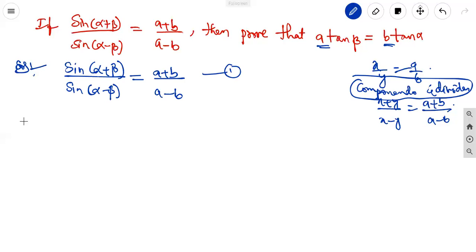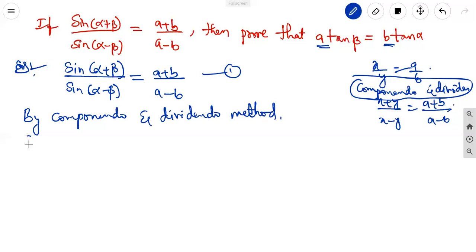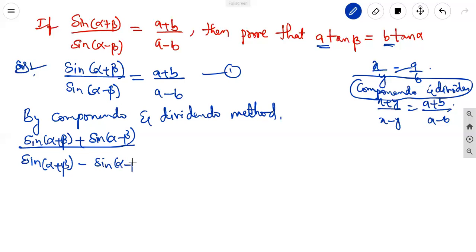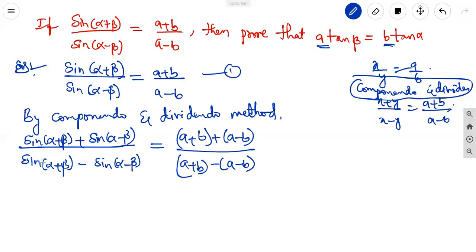By the componendo and dividendo method, we can write sine of alpha plus beta plus sine of alpha minus beta by sine of alpha plus beta minus sine of alpha minus beta equal to a plus b plus a minus b by a plus b minus a minus b.